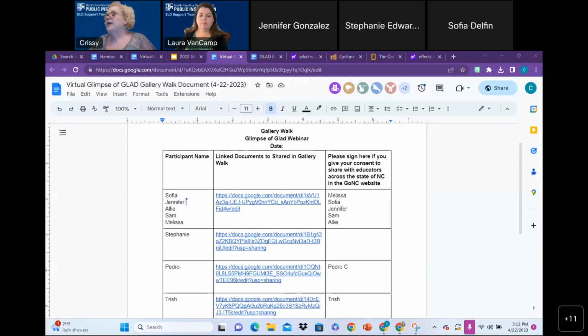And then at the bottom of your screen, you have some little icons where you can applaud, you can send smiley faces or hearts, you can send celebrations. If you'll use those little reactions at the bottom, we can celebrate digitally with them at the end of their sharing, as well as type comments in the chat box, because that's really what this time is for. So let's go ahead and get started with our first group.